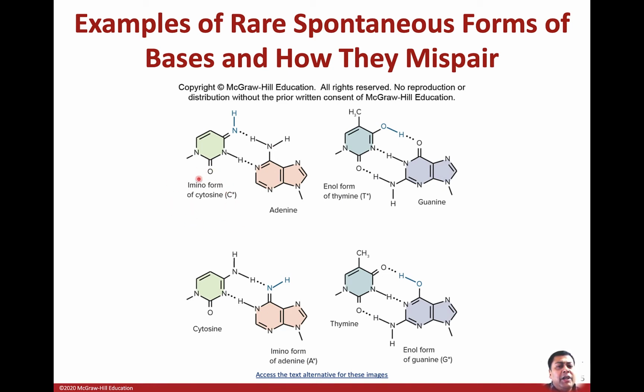It can change into an imino form where you have this NH and this hydrogen is going to the adenine right here, bonding to the adenine, and there is no H in here. So this is changed from NH2 to NH. And this change can happen, and that is a problem. The reason for that is that C base pairs with a G. It does not base pair with A.